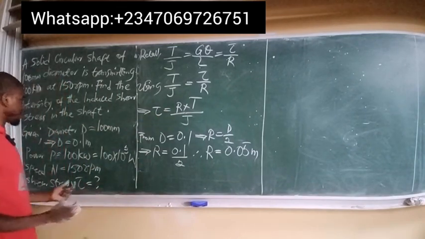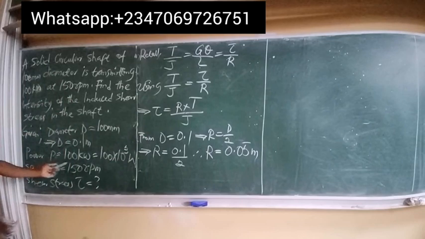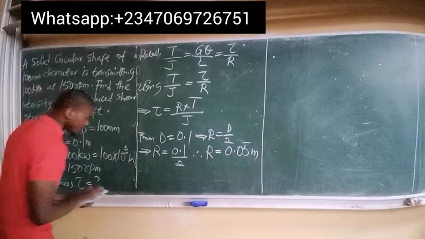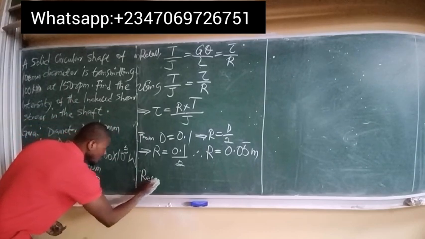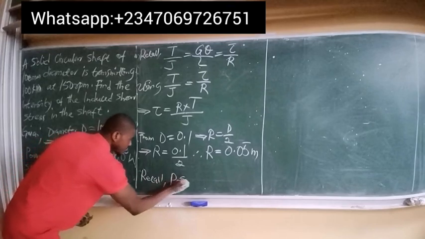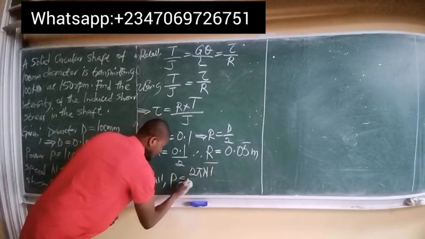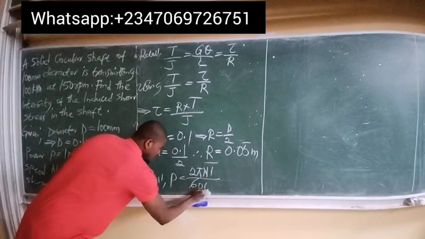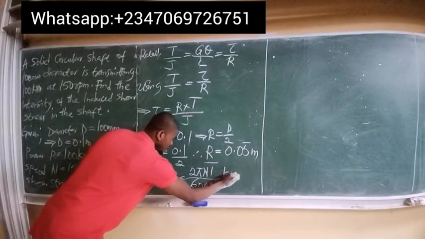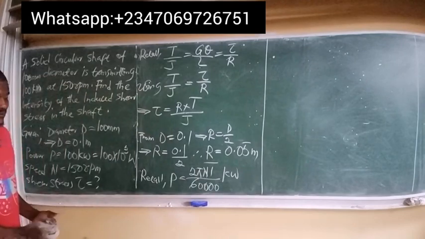We were given the value for power, 100 kilowatts. So recall that power P is actually 2 pi NT all over 60,000 when the power is in kilowatts. That's the formula.